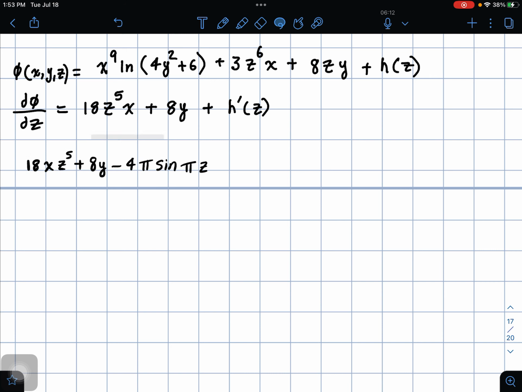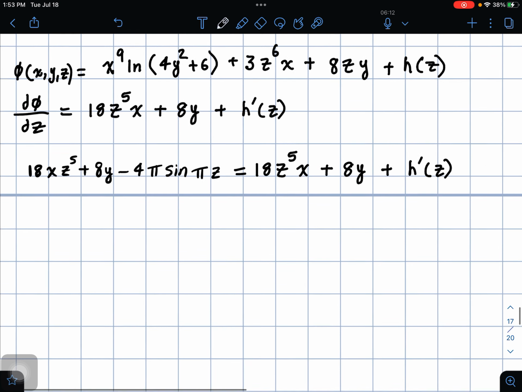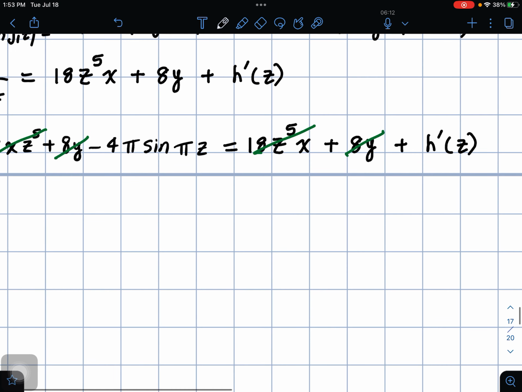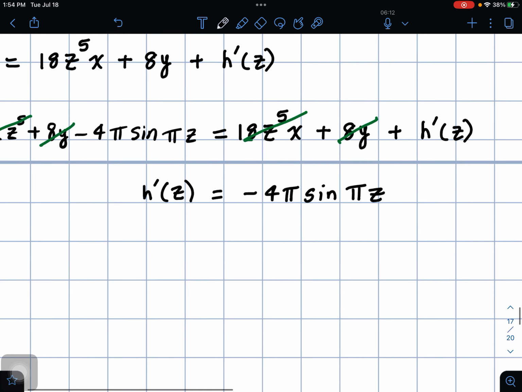Okay, so we have this and this thing right here, and we say they're equal, and we can see that this cancels, and we are left with h prime at z is equal to minus 4 pi sine pi z. Whew. Okay, now what we have to do is integrate with respect to z, right?